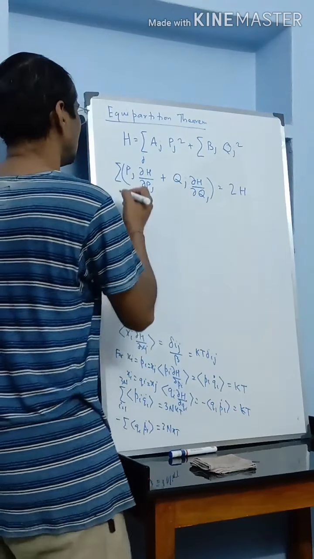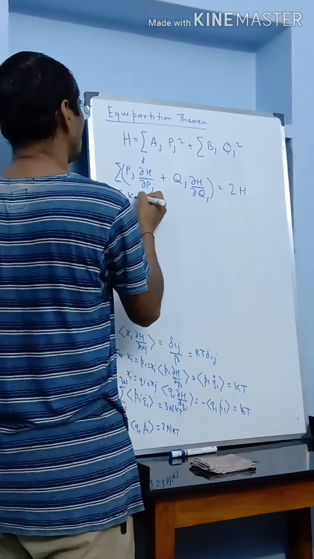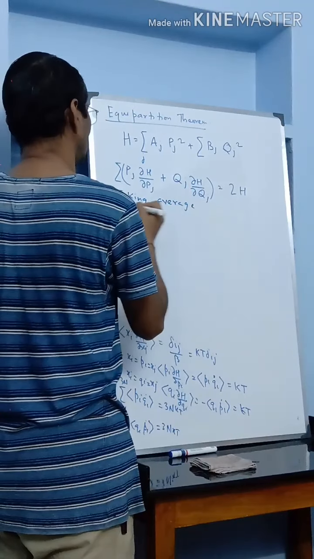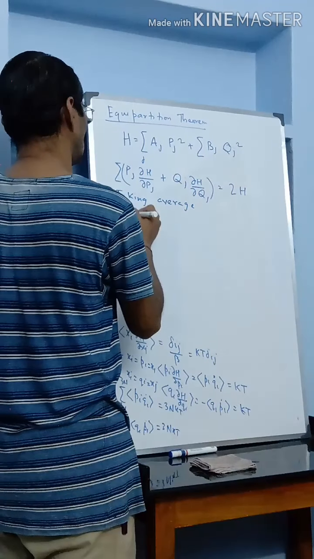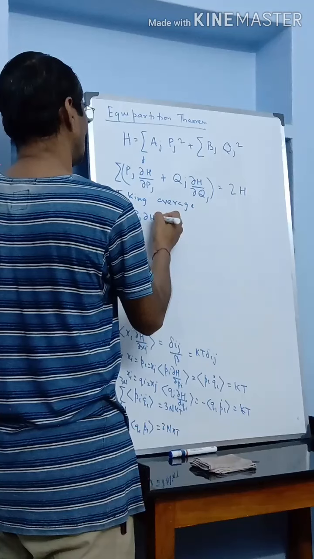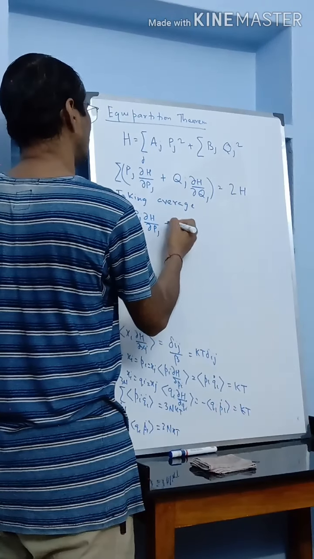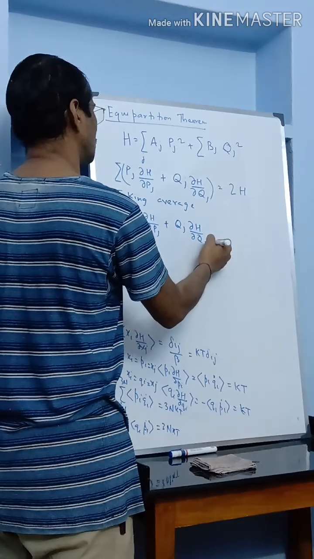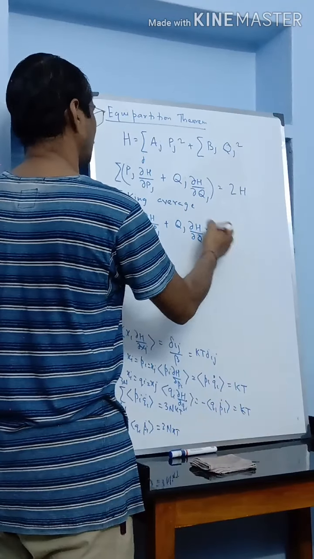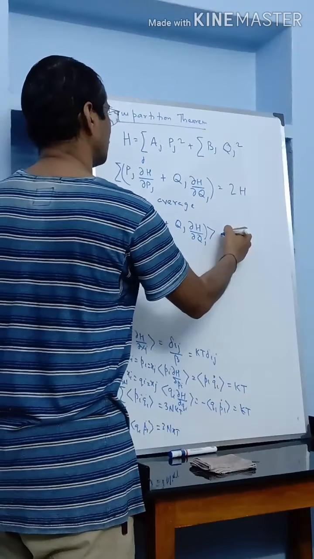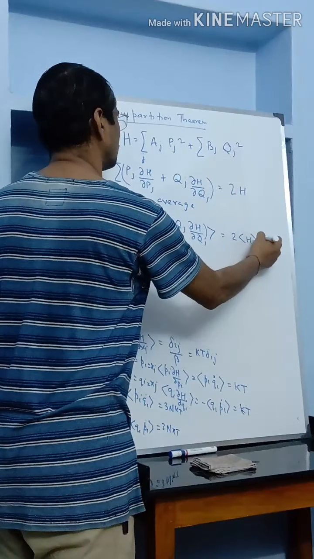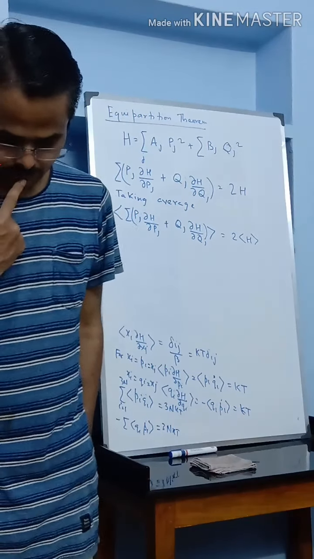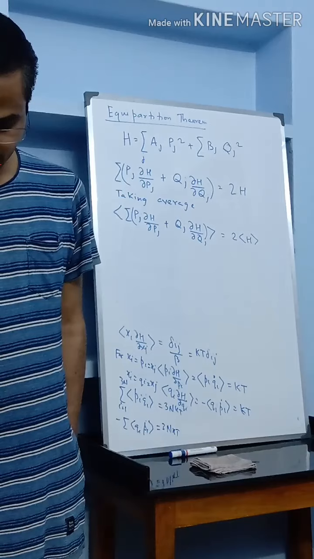And now you take the average of both sides, then we can write summation of Pj del H del Pj plus Qj del H del Qj should be equal to 2 times the average of the Hamiltonian.